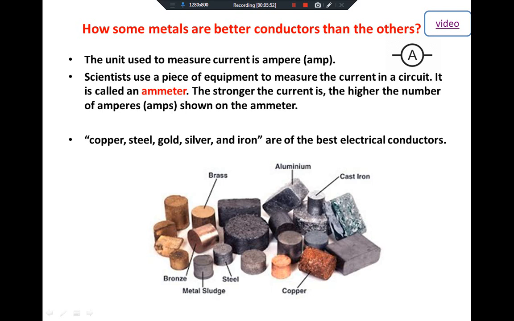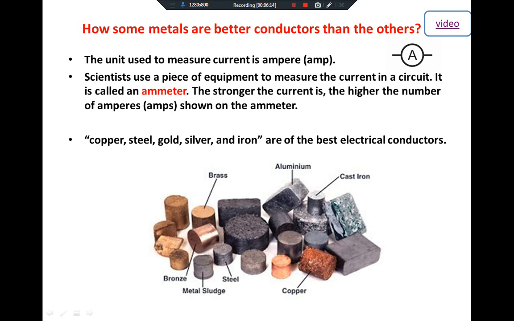The stronger the current is, the higher the number of amperes or amps shown on the ammeter. So when you test it, if you have a bulb, the brightness of the bulb will change according to the metal or conductor that you're using.